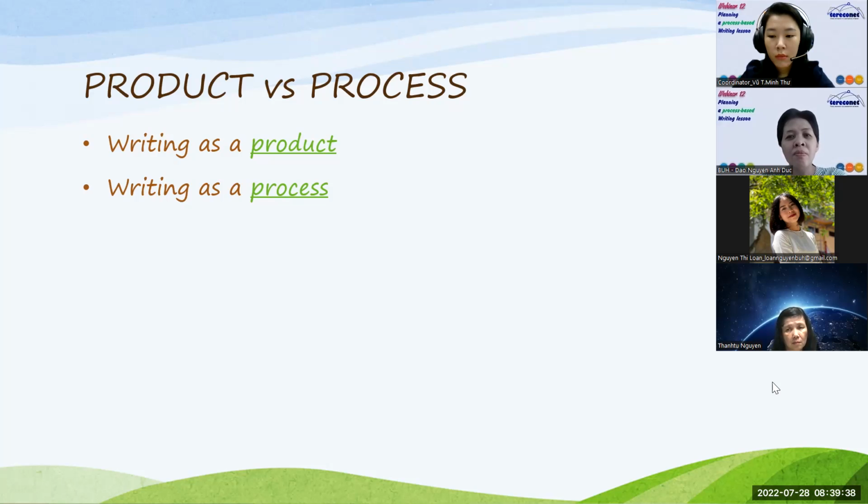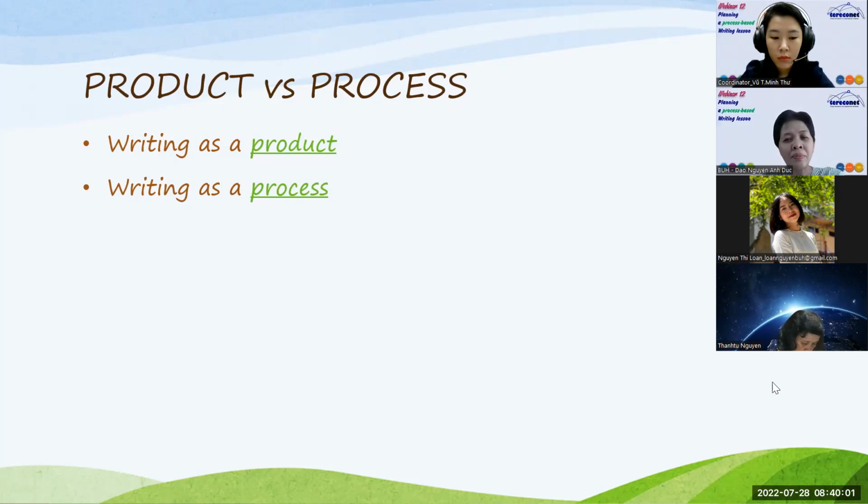And then the students and the teacher will analyze that letter, and start from there, and break it down into smaller parts or smaller techniques that the students need to use in order to make a product like that.